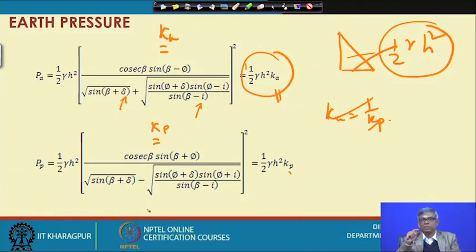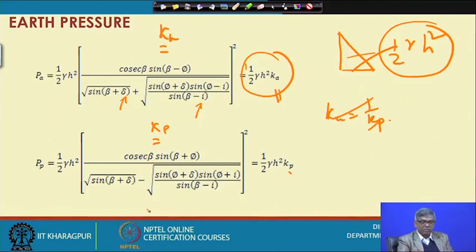So sometimes to take that effect into consideration in the design, they can use Rankine's theory, and the pressure will be reduced by 10 to 15%.